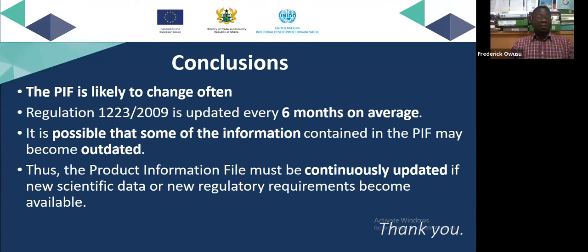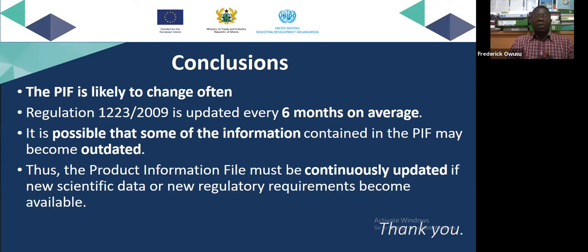All these can change depending on the situation and depending on the regulation in place. Regulation 1223 is updated, if I'm not mistaken, that's what I gather from literature, every 6 months on the average. Meaning if the regulation is changing, we should go in there and find out what are the new things that have been incorporated or some of the things that have been taken out.